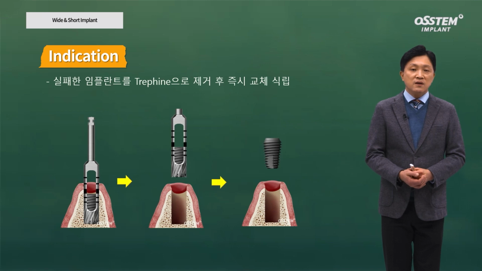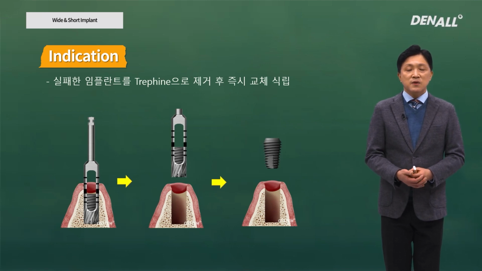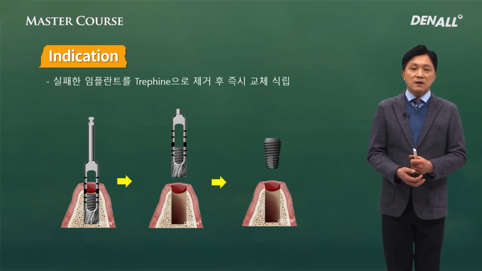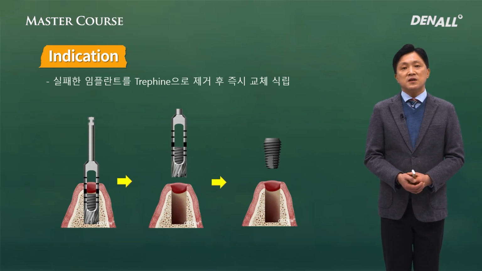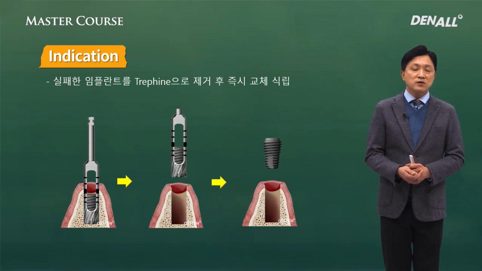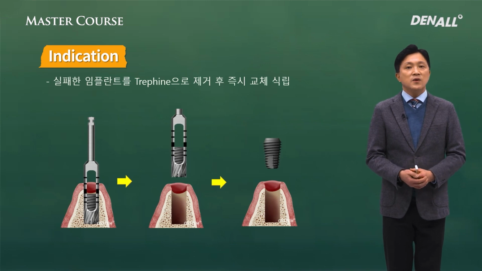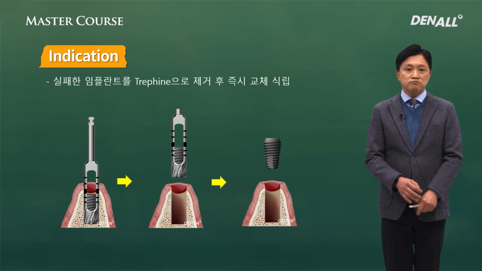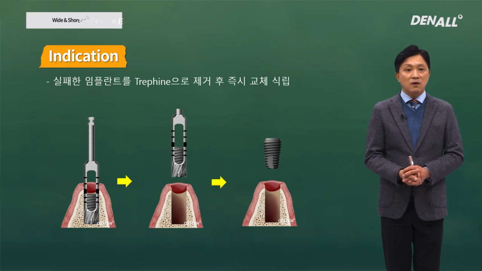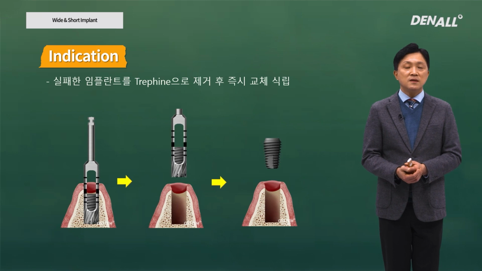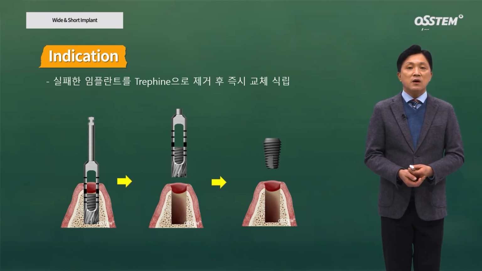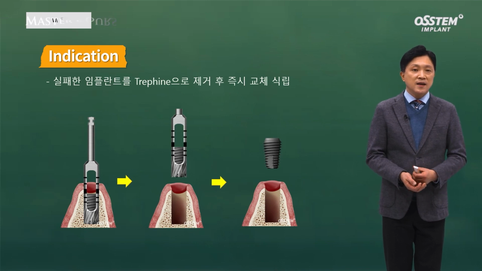And sometimes it's also used where, after removing an implant, you have to do immediate placement of another implant, like using an EFR kit without hurting the bone. If you have removed the bone, then you might not need to use the ultra-wide implant, but if you have used a trephine bur to remove the implant, then inevitably you have to use very wide implants, and in such a case, an ultra-wide implant would be a good option.